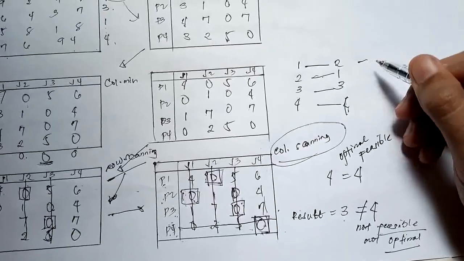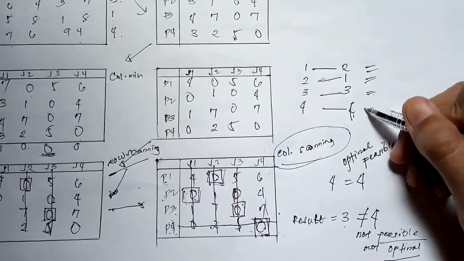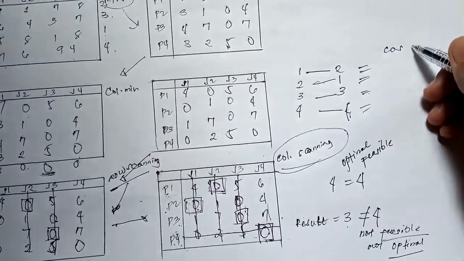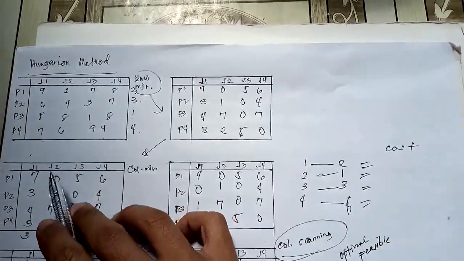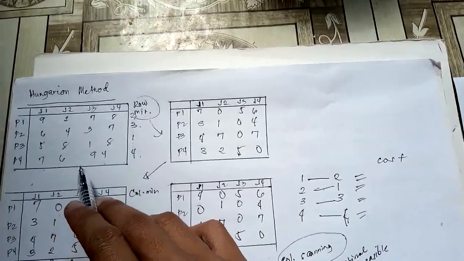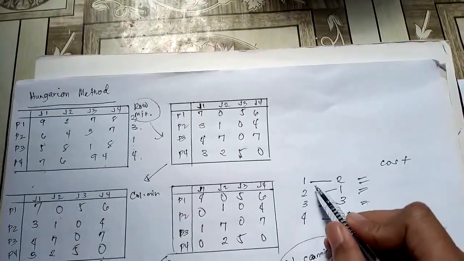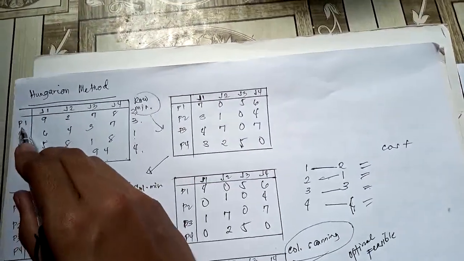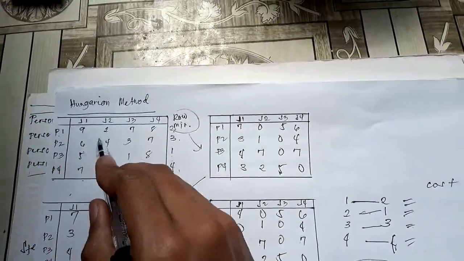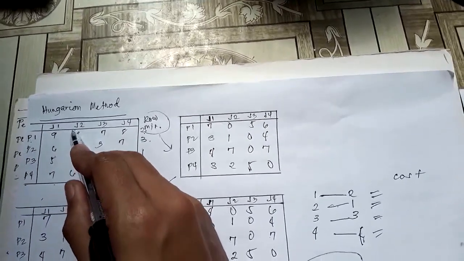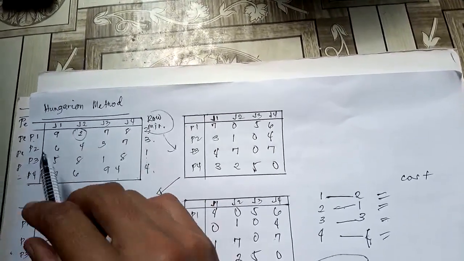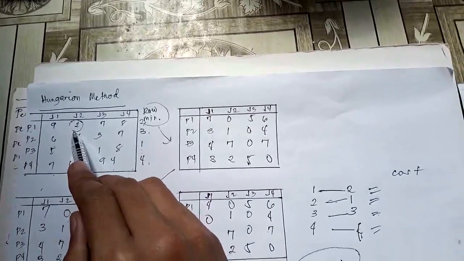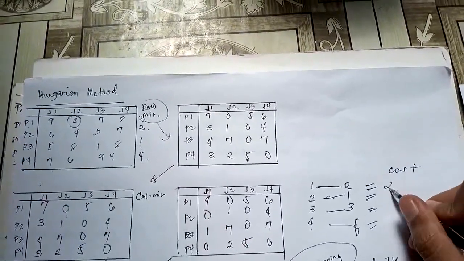Okay, so let us write here the cost. Let us check the table before. Person 1 is assigned to job 2, so that is 2. Let us write here 2.